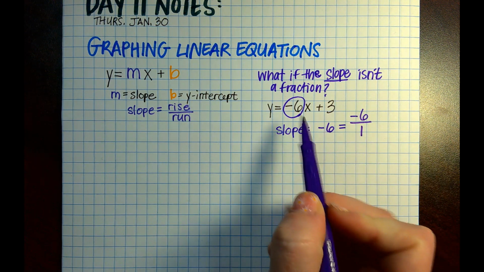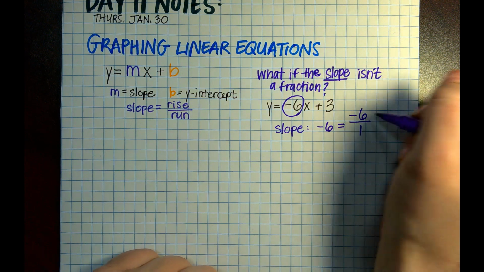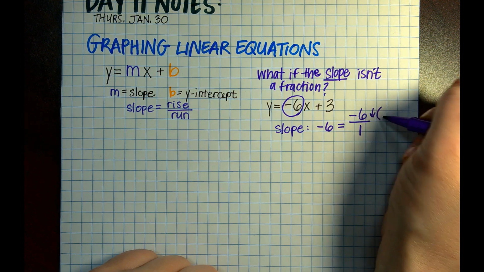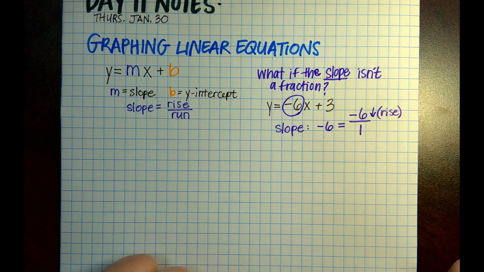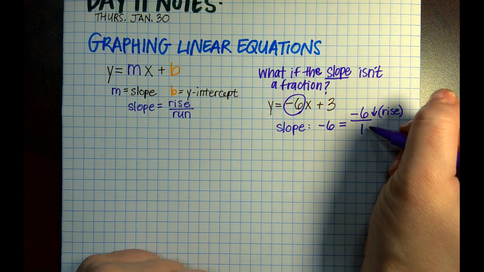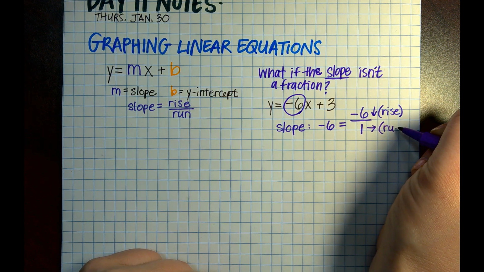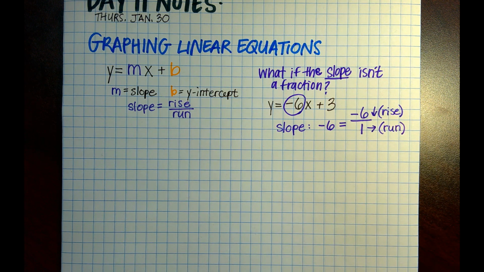So for a slope of -6, what would my rise be? My rise would end up being -6. And what would my run be? 1. So anytime you have a whole number, your run will always be 1. Always. All you have to do is put the number over 1.